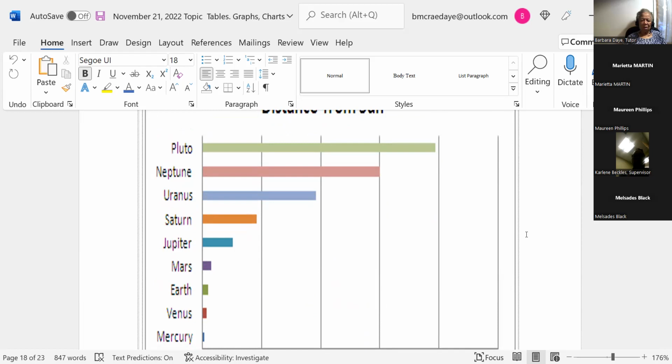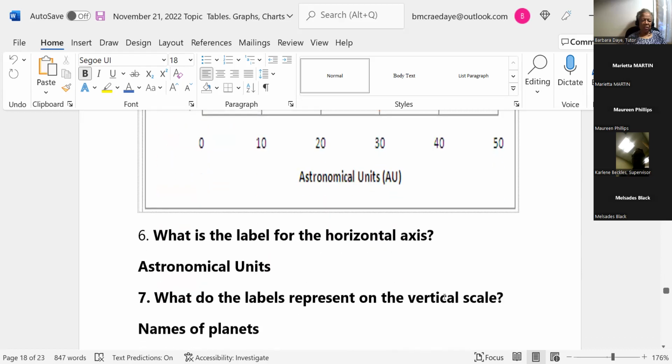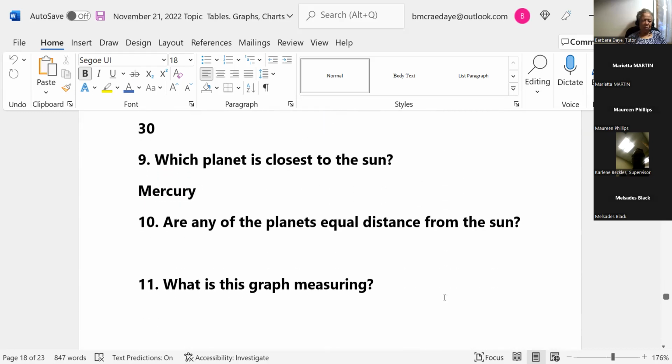No. Marietta, you see any that's equal? No, they're all different. There are none of these that are equal. So, like Mercedes said, the answer is no.